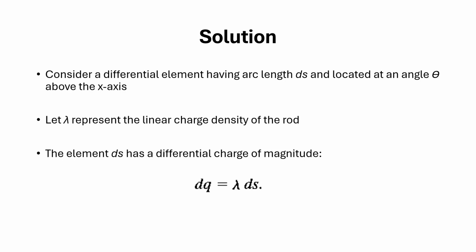Consider a differential element having the arc length ds and located at an angle theta above the x-axis. Let lambda represent the linear charge density of the rod. As usual, the element ds has a differential charge of magnitude dq, so the charge element equals the line charge density times the arc length.